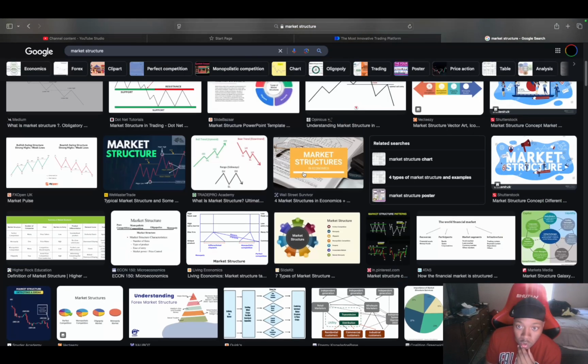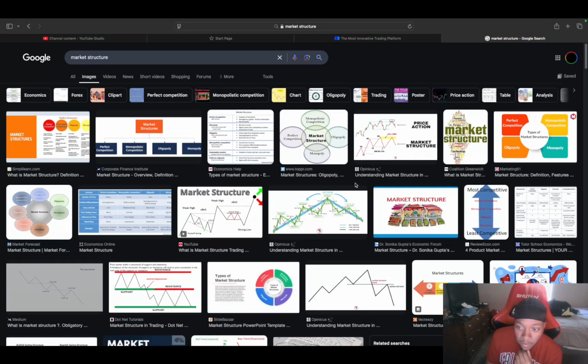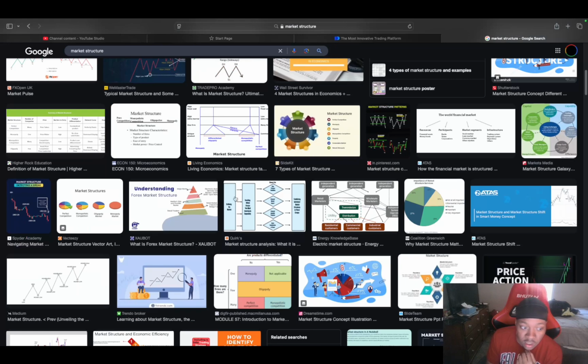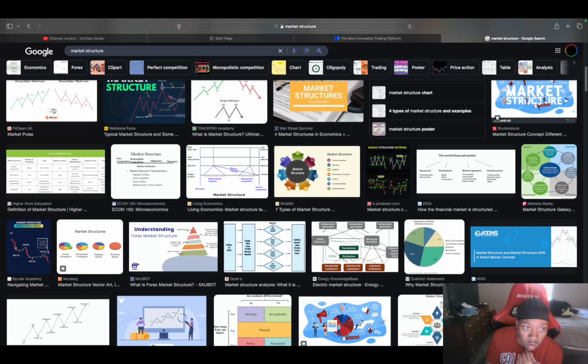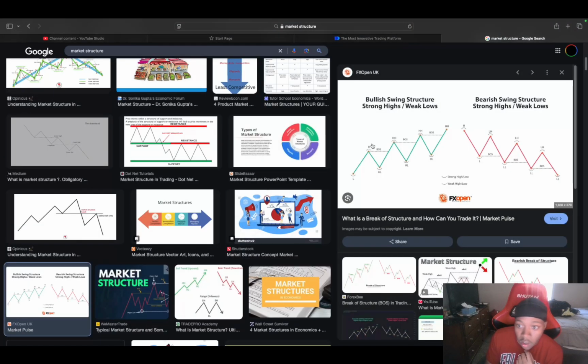Alright, cool. So now we understand what is an uptrend and a downtrend. I'm gonna show you what we call break of structure. So break of structures are just this distance between one high and another.